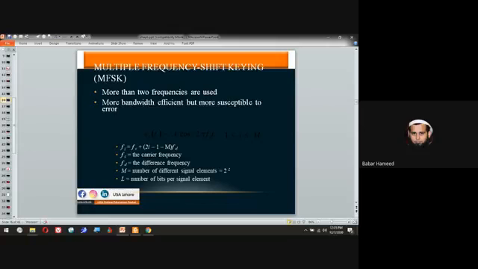Here, to match the data rate of the input bit stream, each output signal element is held for a period of Ts. What is Ts?